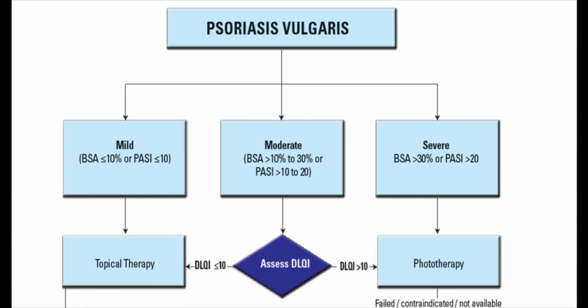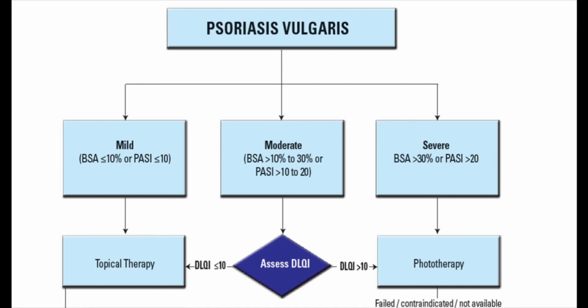Severe disease is defined as body surface area more than 30% or a PASI score of more than 20. So if you have phototherapy available in your center, you can consider phototherapy. And this can also be used as a pathway for patients with moderate disease, but with severe impairment of quality of life based on your DLQI.